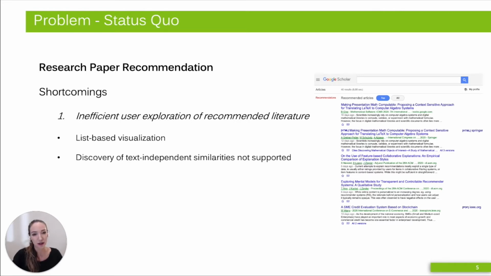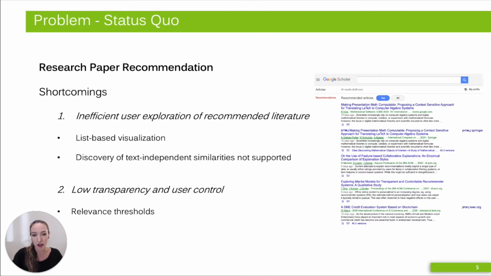So if you imagine any digital library, whether ACM or PubMed, or in this case, the Google Scholar recommendations, you're always presented with a list-based view with some arbitrary cutoff value, and the papers are ranked according to the relevance. But if you're looking for a specific feature, this is not the best way to be able to find those features. So the discovery of these text-independent similarities is not supported.